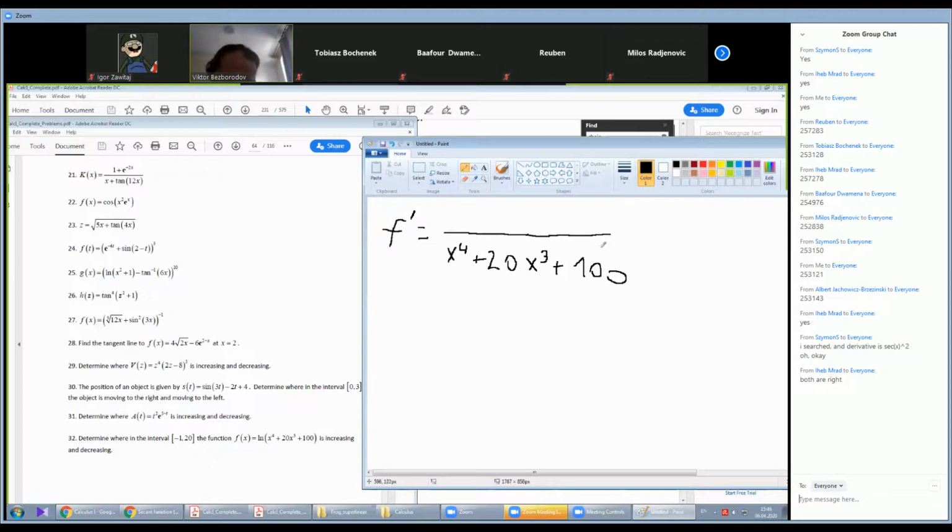And in the numerator, we have then the derivative of it. So imagine I write here 1 times the derivative of this thing, but of course I can immediately write it into the numerator. So I write immediately here 4x cubed plus 60x squared, and that's it. The derivative of 0 is 0, right?